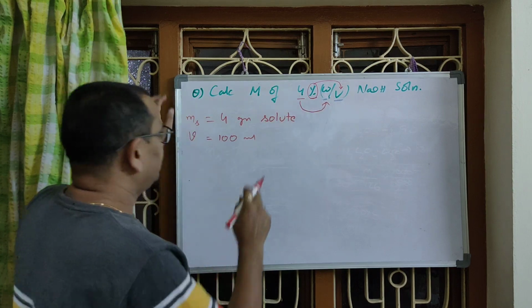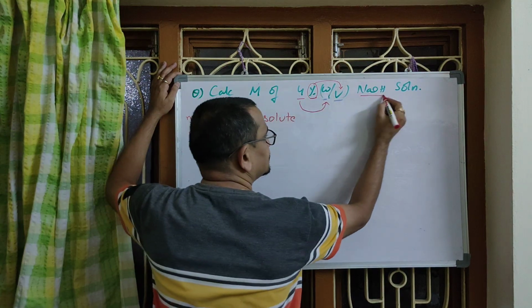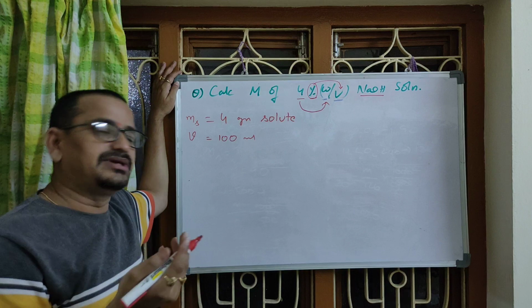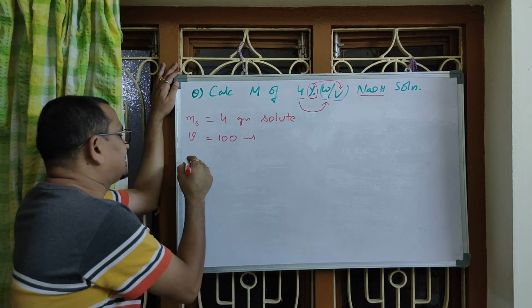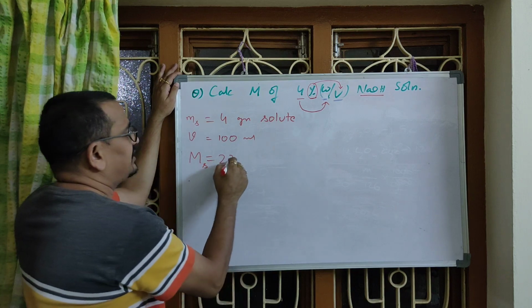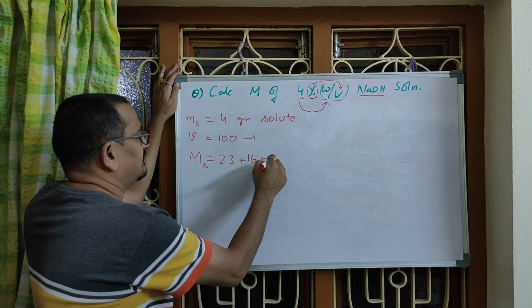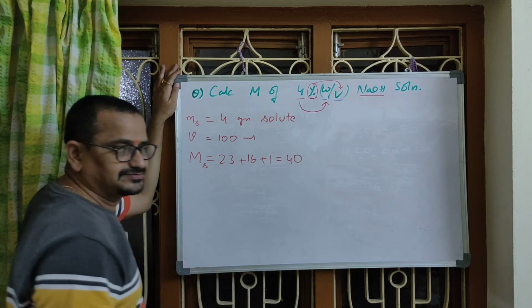Now we are given the mass of solute, the volume of solution, and the solute, sodium hydroxide. Whenever solute is specified like this, we can directly calculate its molecular mass. Molecular mass of sodium hydroxide is 23 plus oxygen 16 plus hydrogen 1, that is 40.